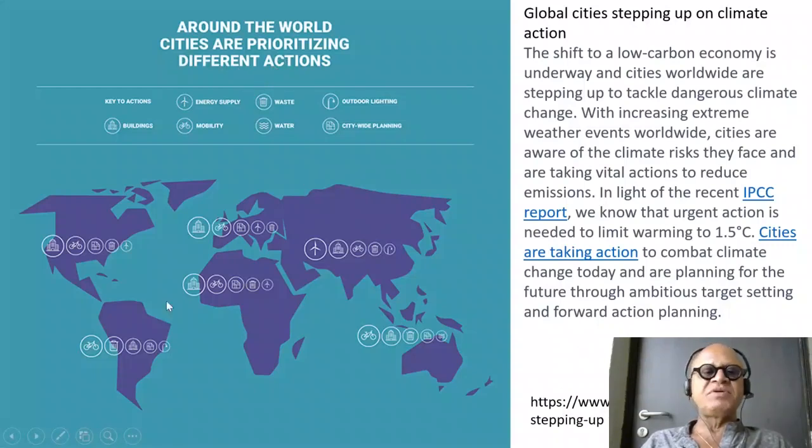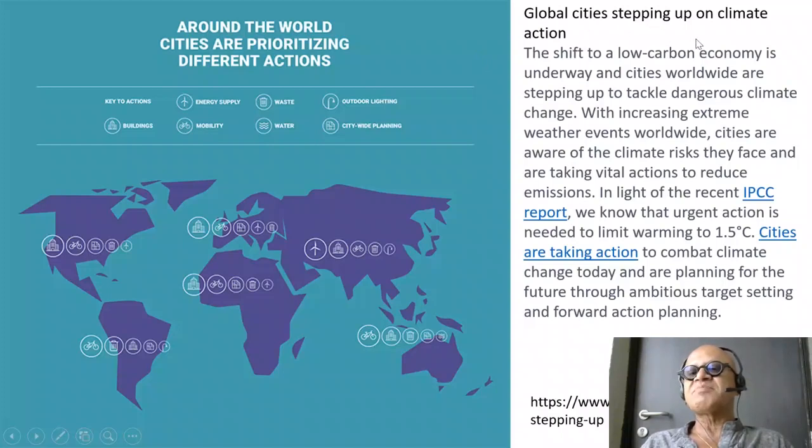This is from CDPnet, showing key actions: energy supply, waste management, outdoor lighting, citywide planning, water management, mobility, in terms of reducing emissions as well as providing access, equitable access, building energy use, and so on.